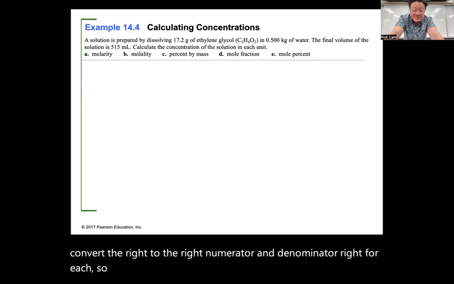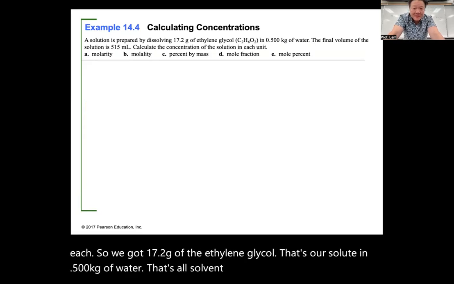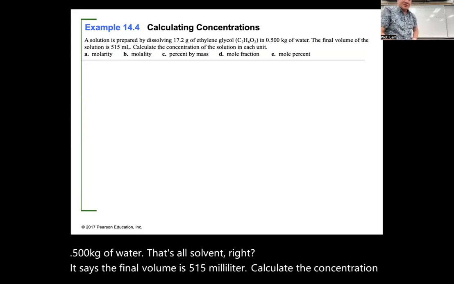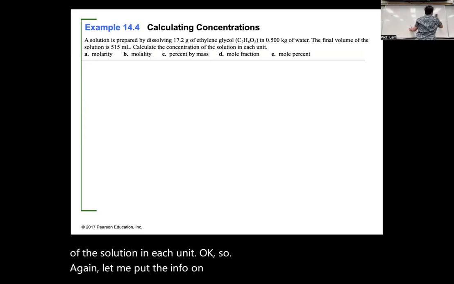So we got 17.2 grams of the ethylene glycol, that's our solute, in 0.500 kilograms of water. That's our solvent, right? It says the final volume is 515 milliliter. Calculate the concentration of the solution in each unit. Okay, so again, let me put the info on the board.